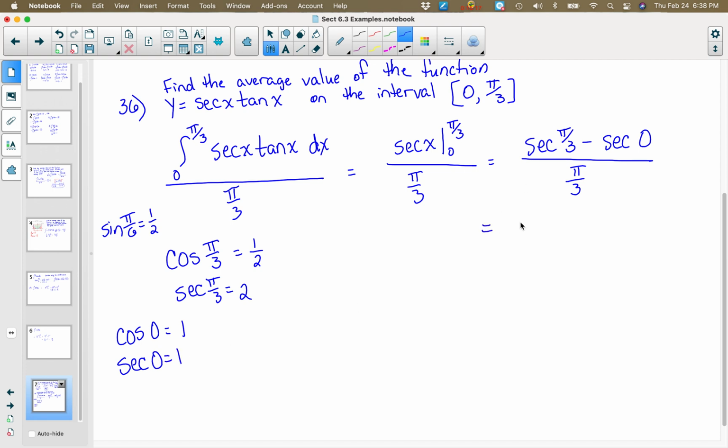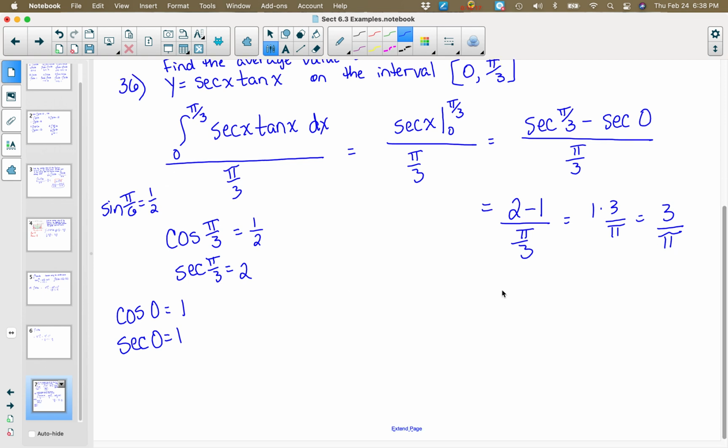So now I've got 2 minus 1 over pi over 3. So we have 1. I'm going to change this to multiplying by the reciprocal. So we get 3 over pi should be our answer. And it is. So hopefully that helps you with some of the examples or with some of the problems that you're going to be assigned from this section.